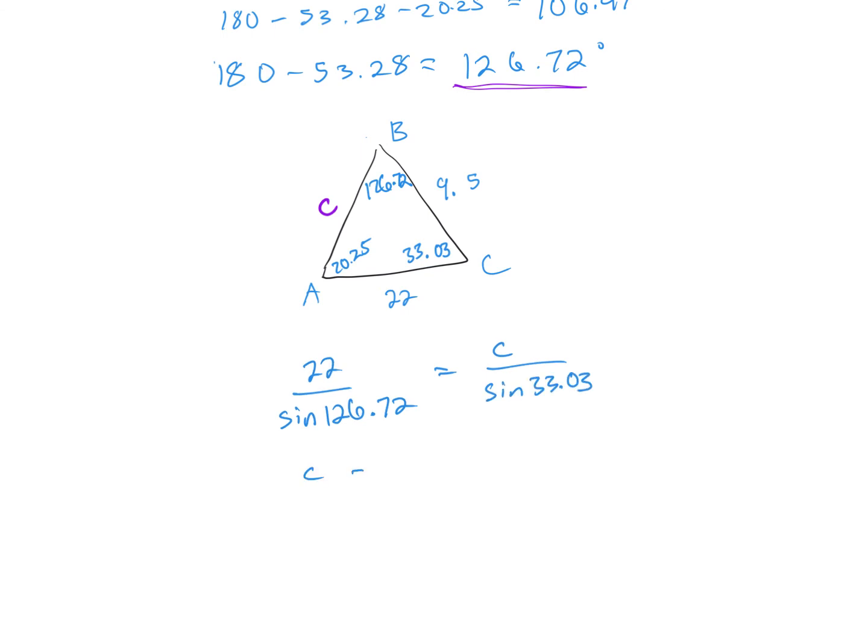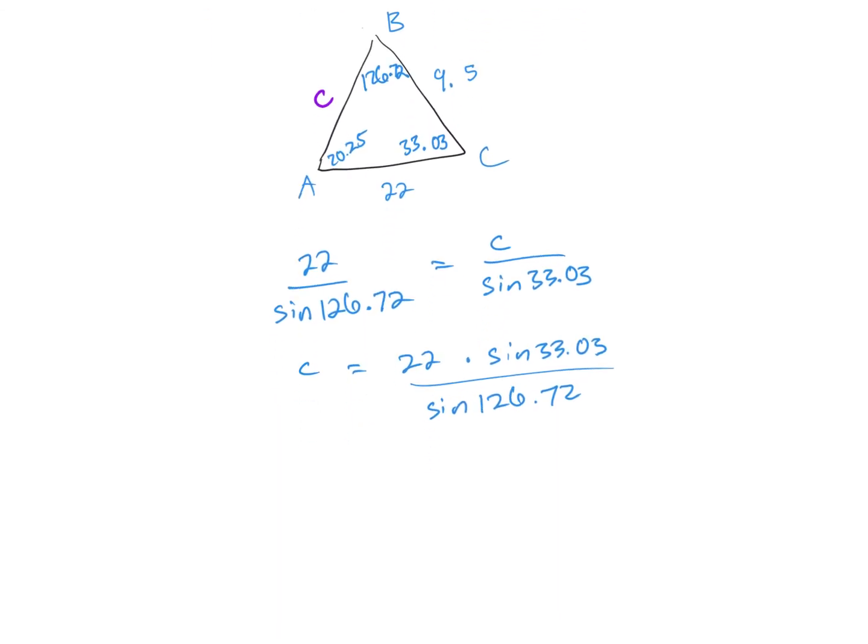That gives me C should equal 22 times sine of 33.03 all over sine of 126.72. Just punch that into the calculator and I get C should equal 14.96.